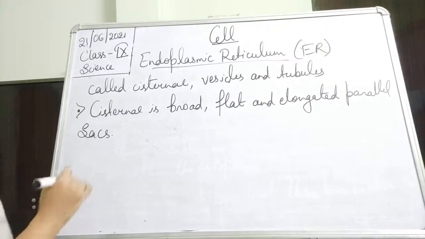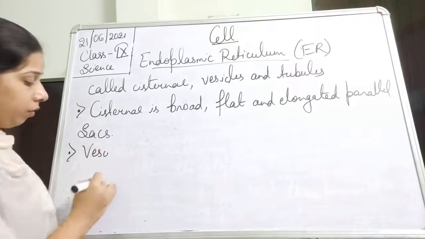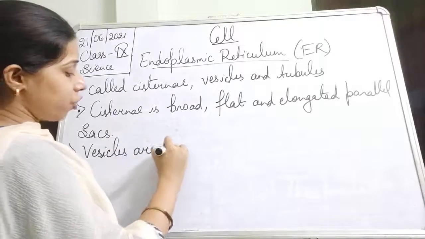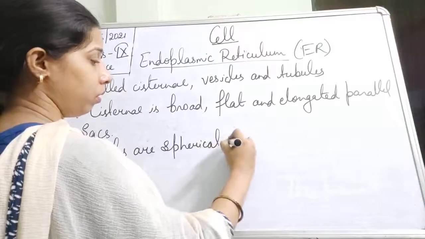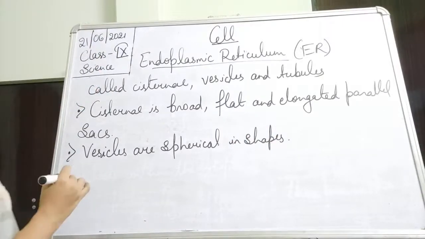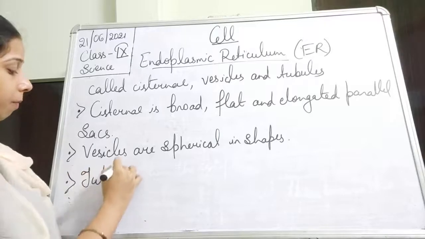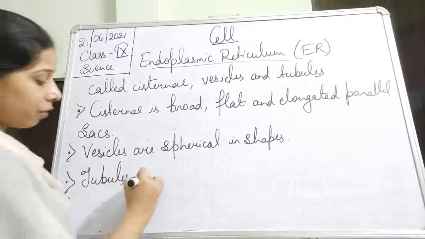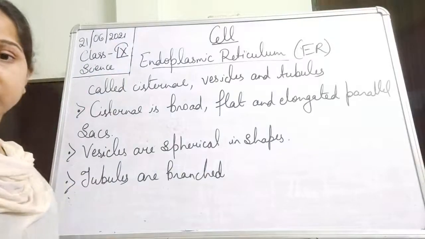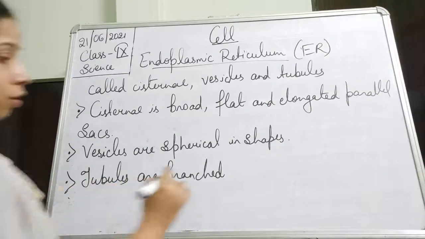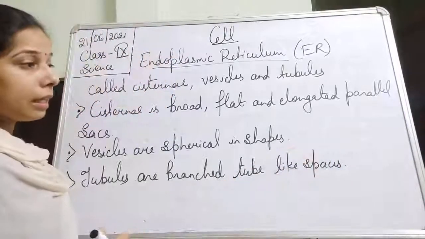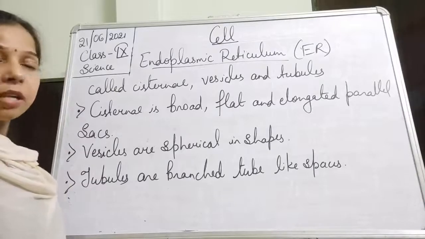So vesicles are spherical in shape, and tubules are branched tube-like spaces.